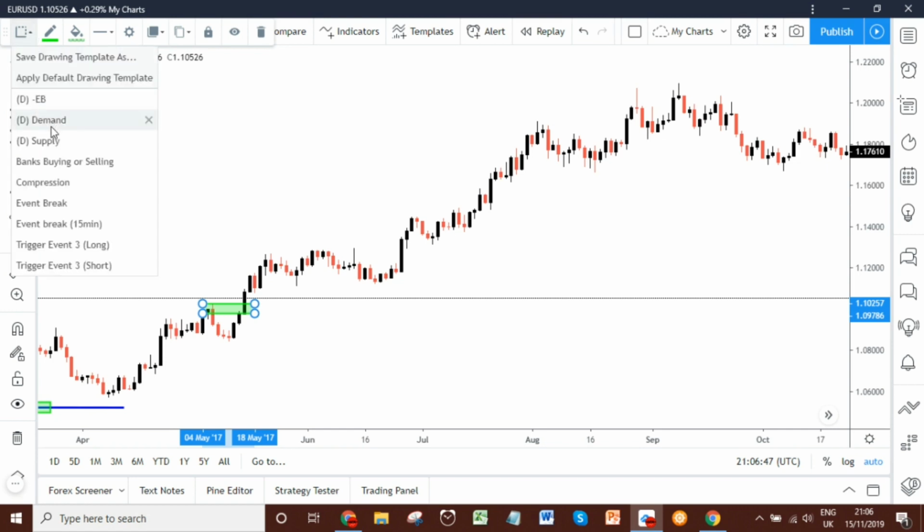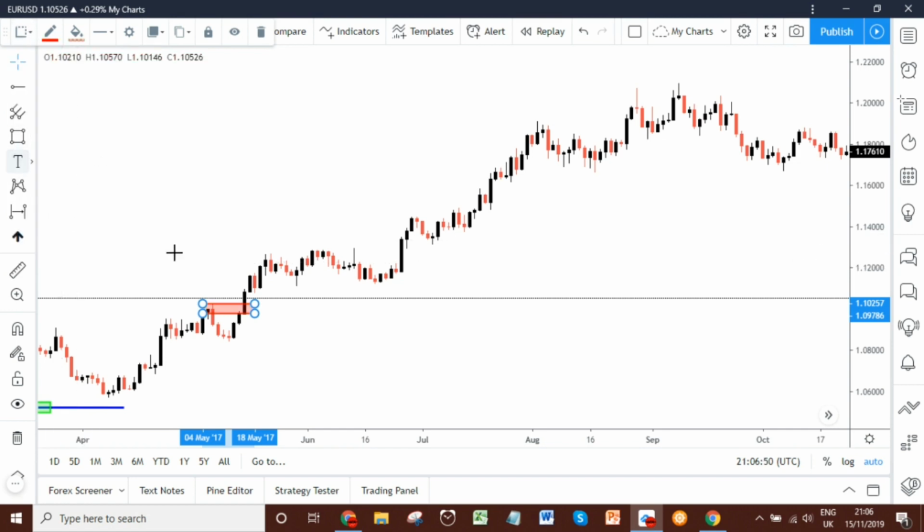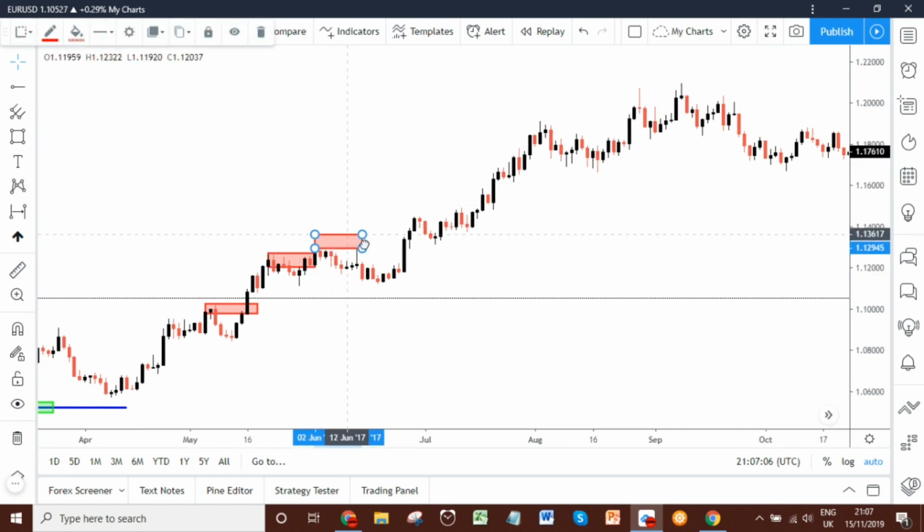We've got 1 there, and we've got another one here. Oh, and there's 1 more actually that I just spotted. And just another one here, which gets broken as well.